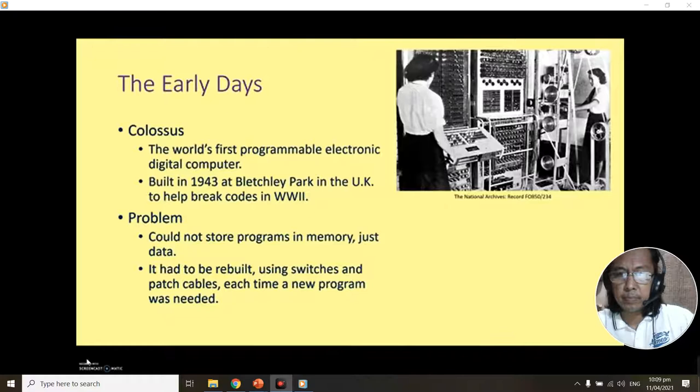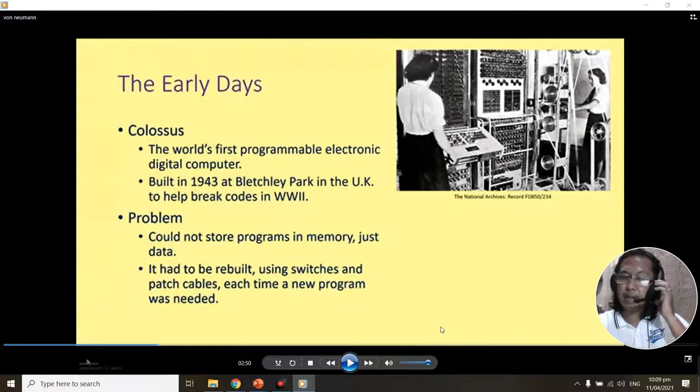This was very time-consuming for the Colossus and early computer systems. So, for example, the American ENIAC system, which came out a short time later, I believe it took about 3 weeks to rebuild all the patches and cables and switches required to change the program.